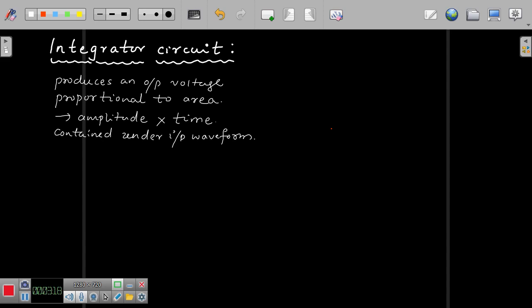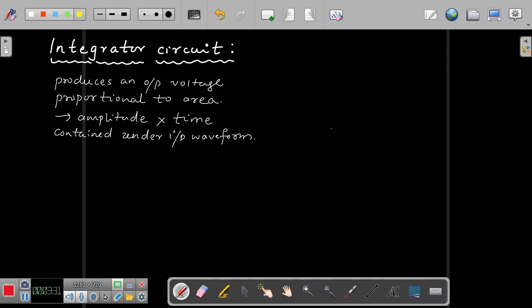So this is how you are going to get the integrators working. Let us try to see now the circuit diagram. After having seen the circuit diagram, we will try to see how exactly this circuit operates. Please take down the circuit diagram.